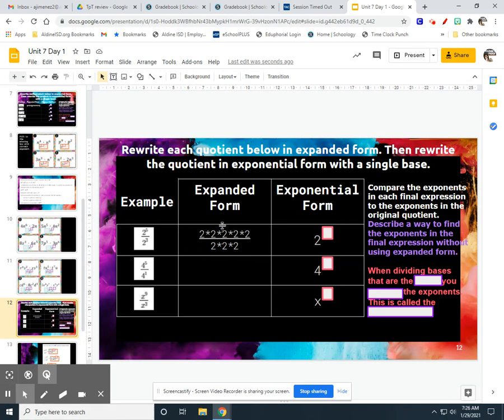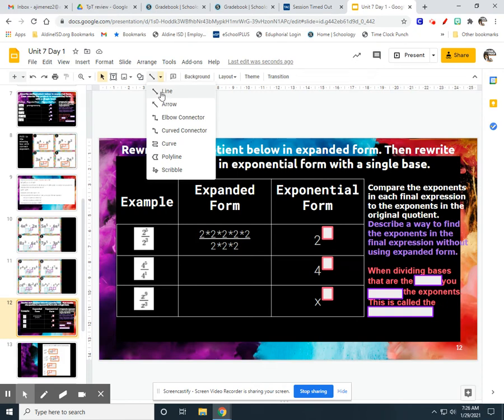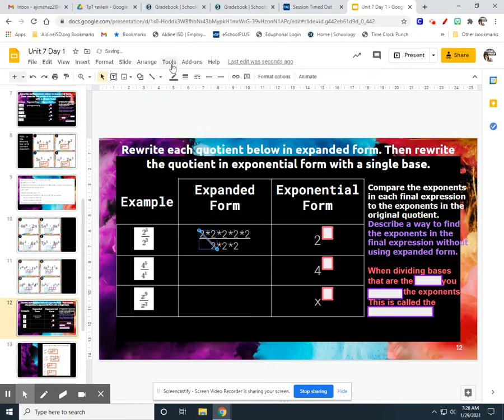Okay, so here's the expanded form. Now, what you were taught in middle school was that anytime you have the same thing at the top and the bottom of a division line, then you can cross it out. So I have 2 and 2, so I'm going to cross that out. Use a different color so we can see it.